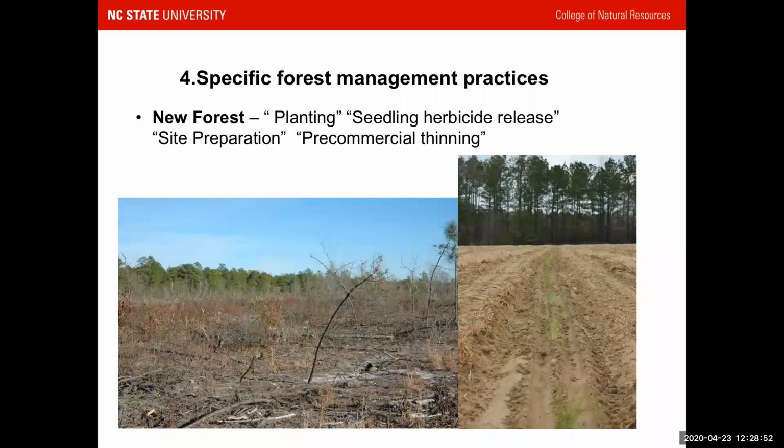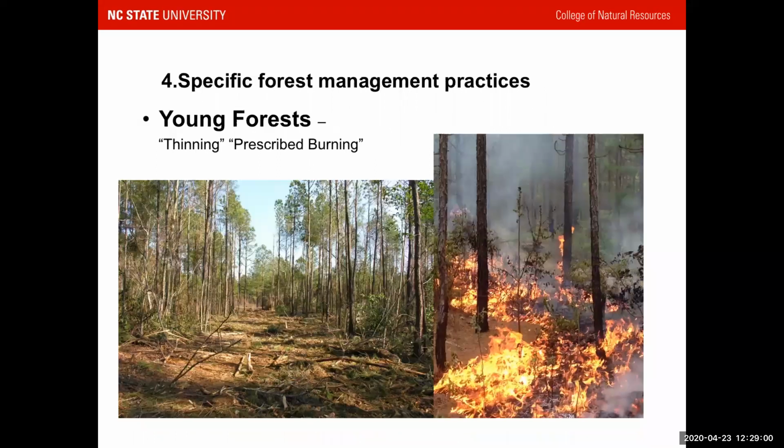Whether or not it needs pre-commercial thinning. So this is the start of the new forest. If you've got young forest on your property, you need to think about thinning, prescribed burning, those practices that you're going to do for those young forests.